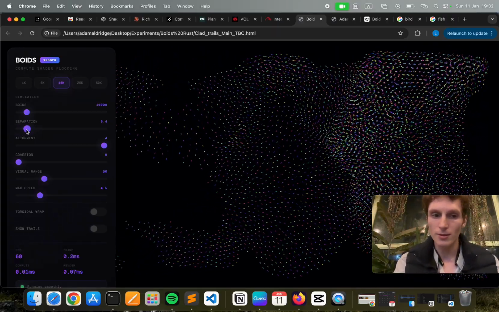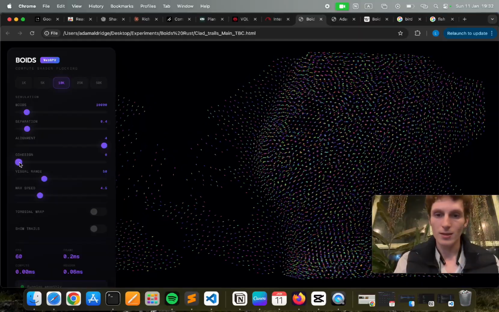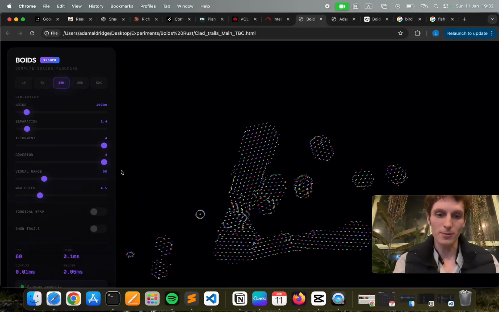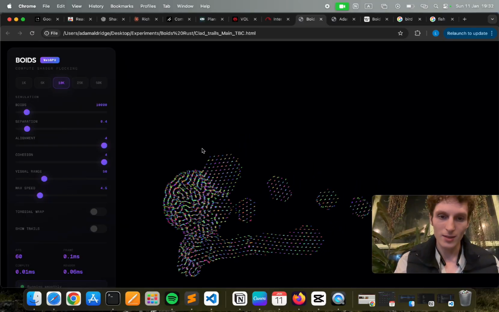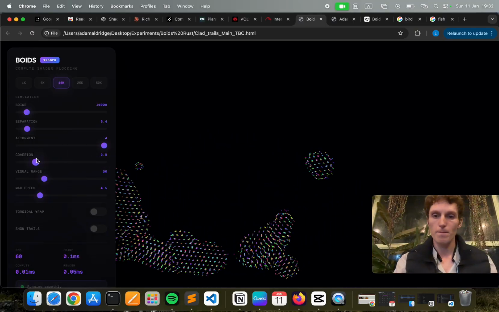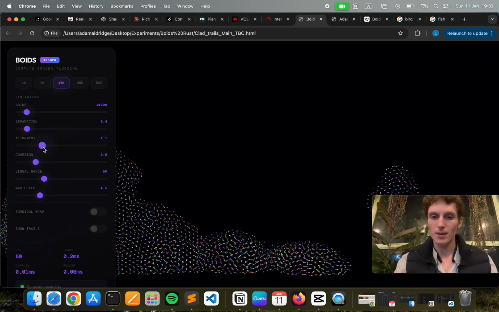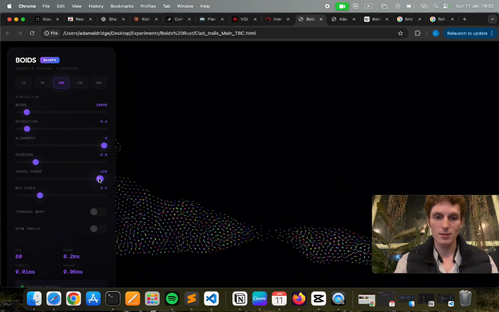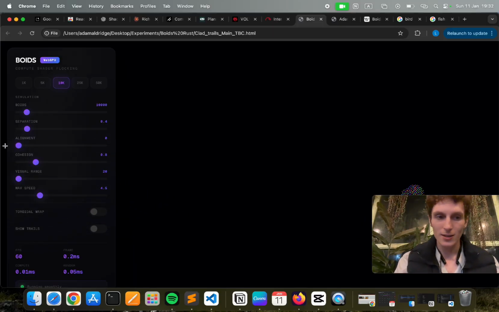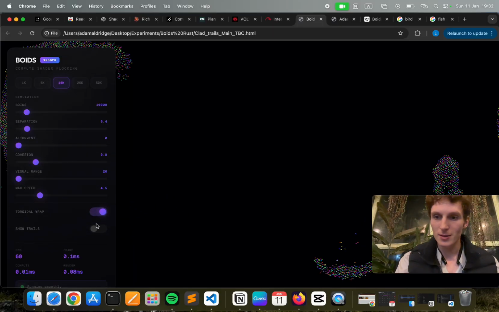A bit more separation. Cohesion, it kind of looks like a fluid almost. See, that's an interesting one. It's kind of fun to play around with this.